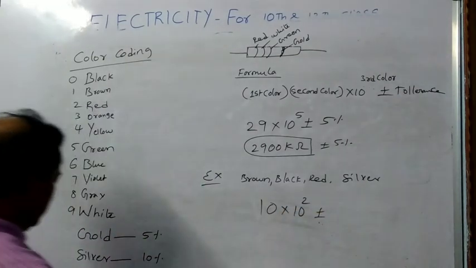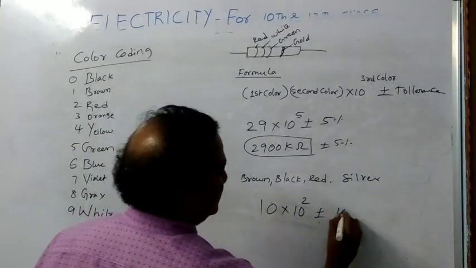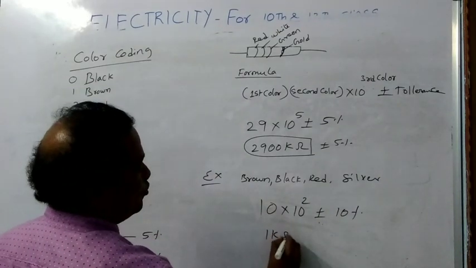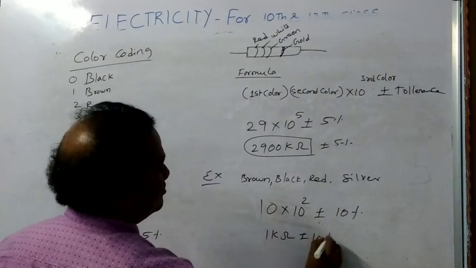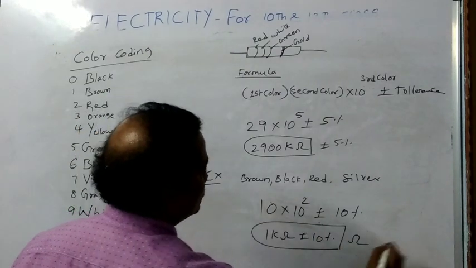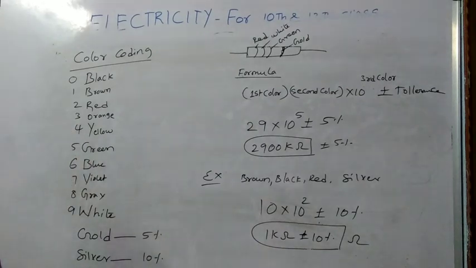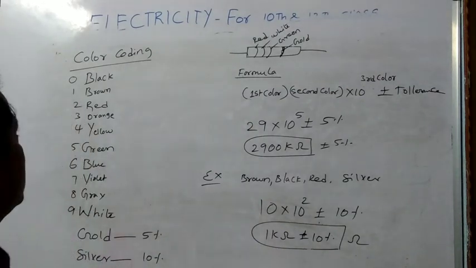Silver means 10% tolerance. That is 10 power 3, that is 1 kilo ohm, plus or minus 10% tolerance. In this way you can find the value of a given resistor. So this is about the topic. Thank you for watching.